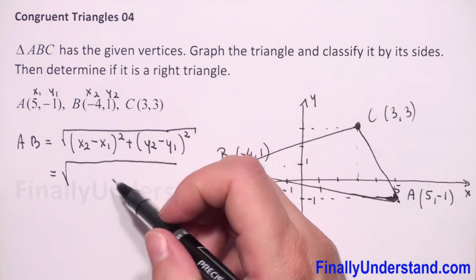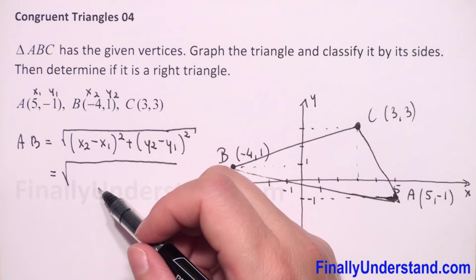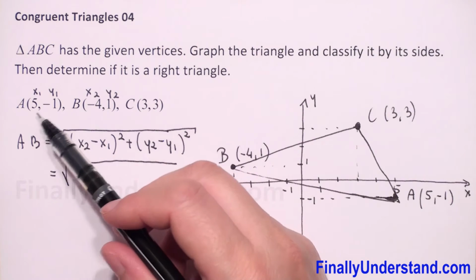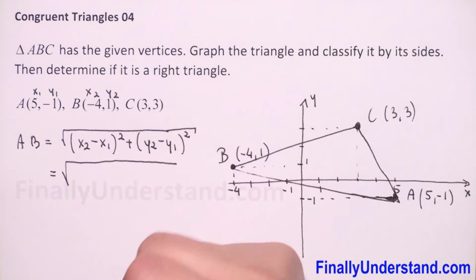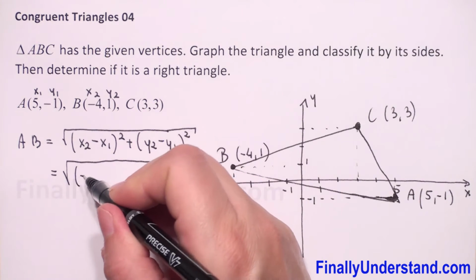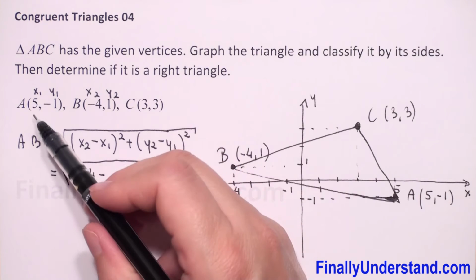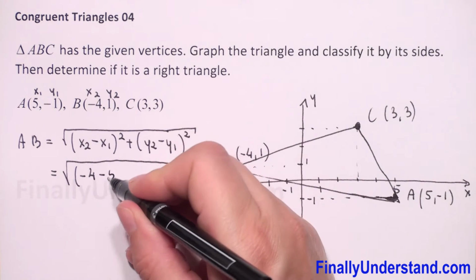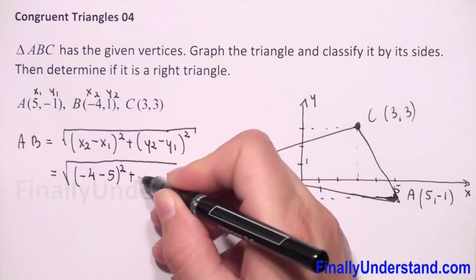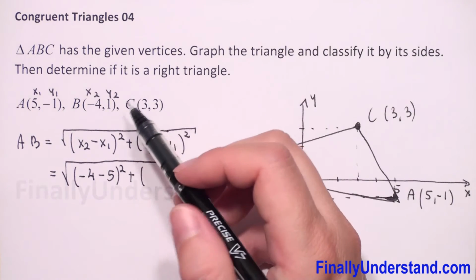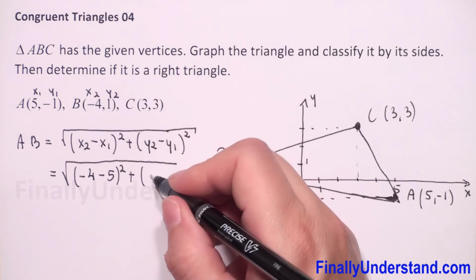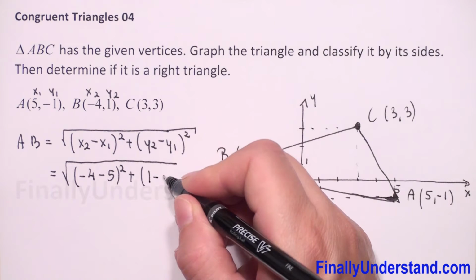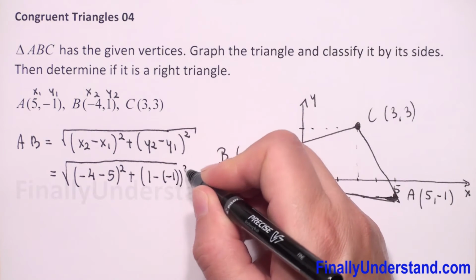Now we will substitute x2, x1, y2, y1 by numbers. So we have (-4 minus 5) to the second power plus, and now we subtract the y coordinates, (1 minus -1) to the second power.